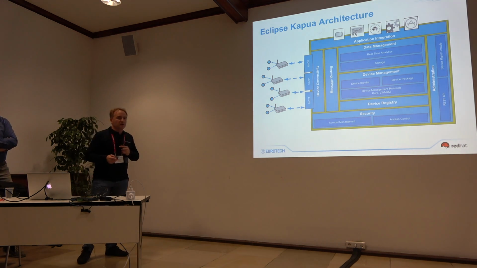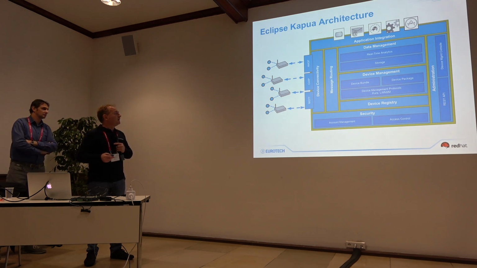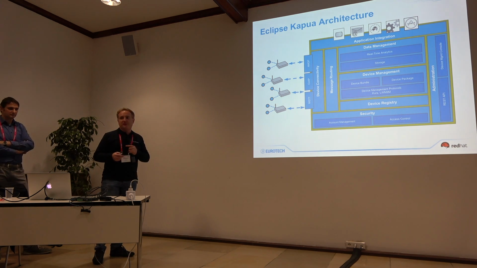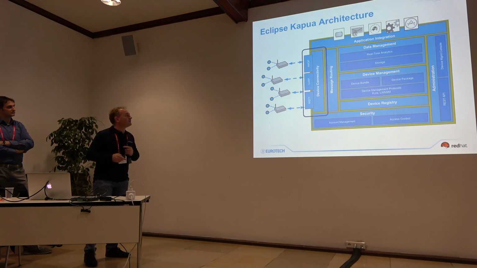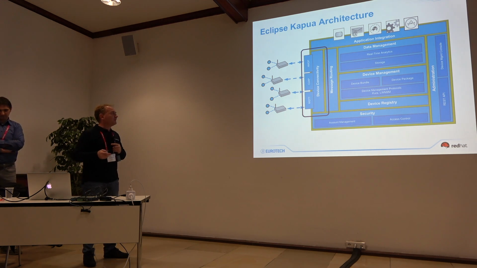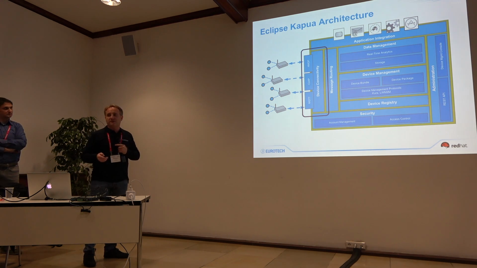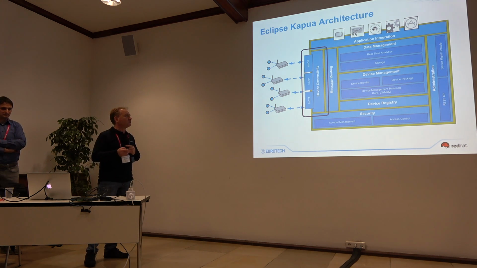So let's take a look at the building blocks of the Kapua platform. Starting from a field perspective, a device establishes a connection with the device connectivity layer. Currently we have implemented MQTT as transport protocol, but we also want to provide support for other protocols, CoAP and AMQP, among others that are important in the IoT context.